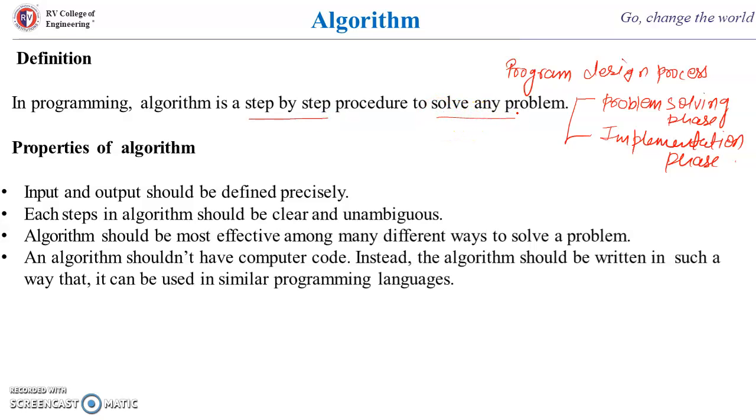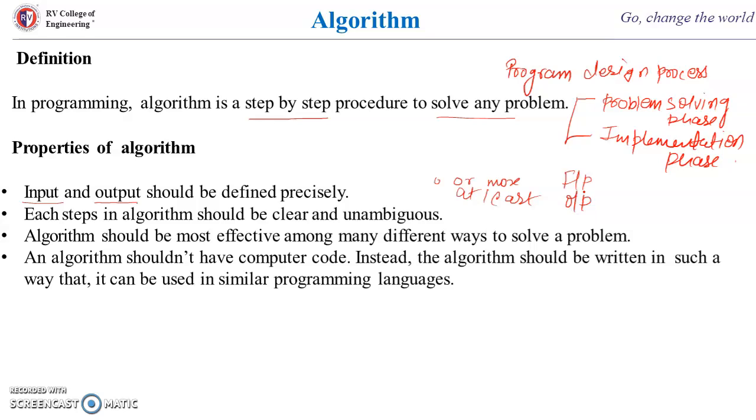Now, what are the properties of an algorithm? So, the first property of an algorithm is input and output should be defined precisely, and we should have 0 or more input and at least one output. Okay, so at least one output.